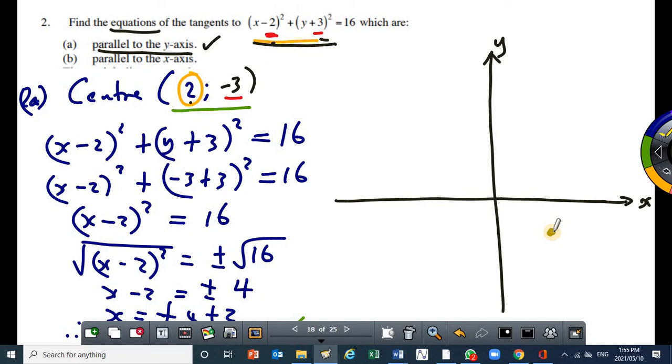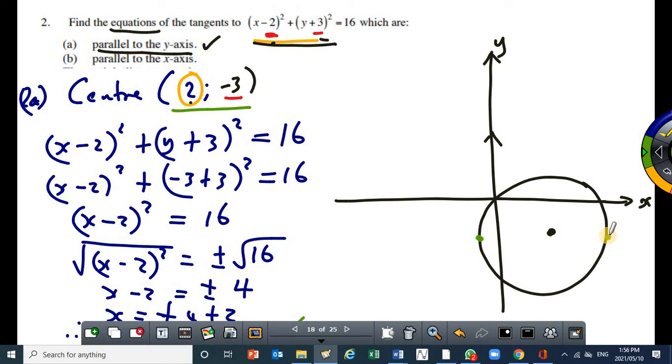You should also know that, and that's grade 9, 10, and 11. Then, if the center is here, I can draw a circle. Let me just draw a sketch of that circle. It probably looks like that. I'm drawing a sketch so that it can help me to understand what's going on. Then the question says, we need to determine the equation of tangents that are parallel to the y-axis, which means I can draw the tangent from this point and another tangent from that point.